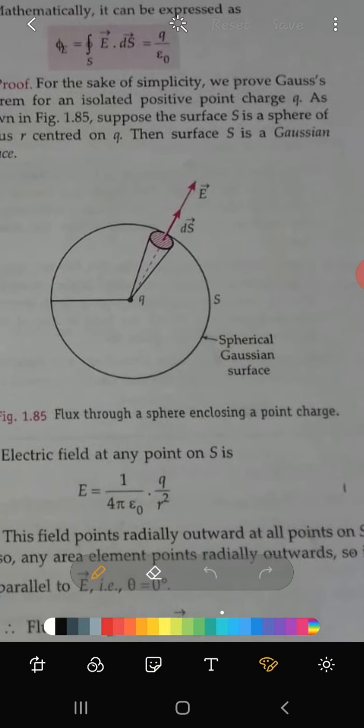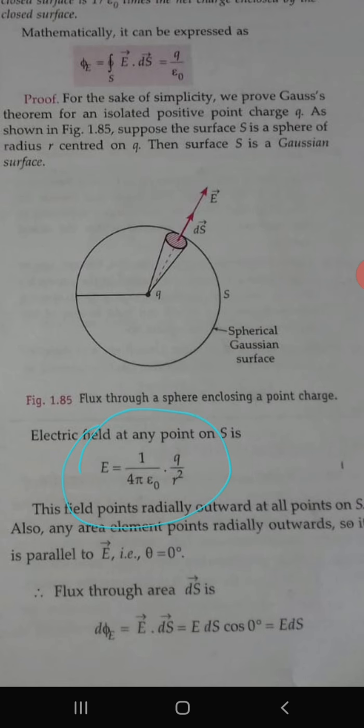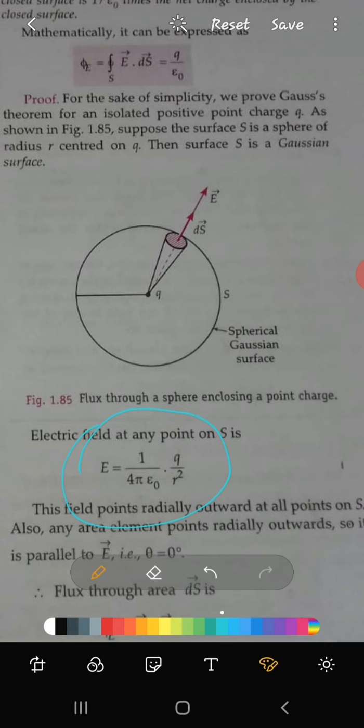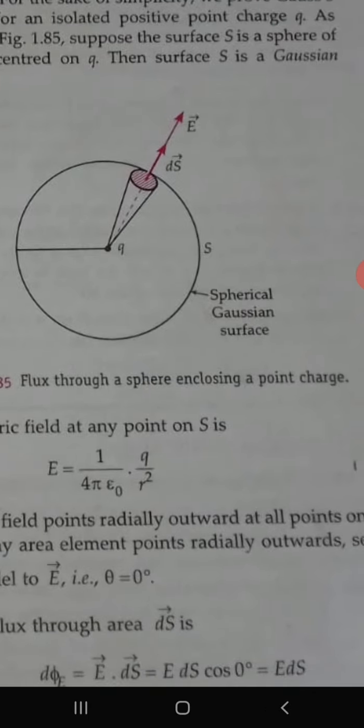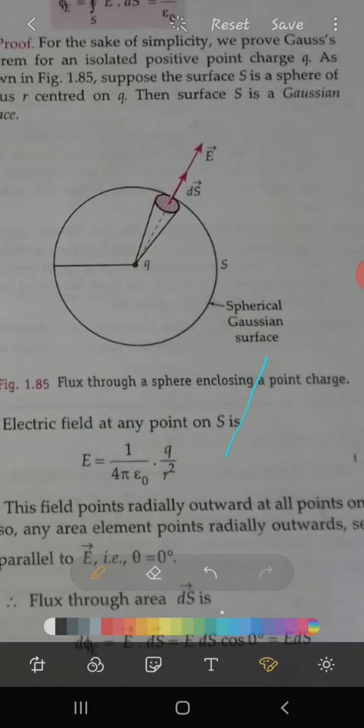Now, according to the electric field definition and formula, we know that E is equal to 1 upon 4 pi epsilon naught times q upon r square.